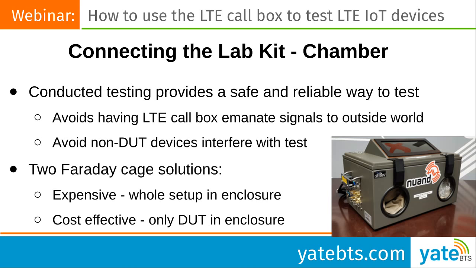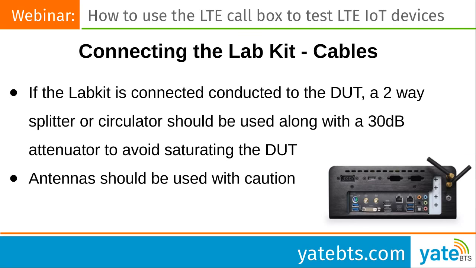So on the next slide, basically one way of connecting the LTE LabKit in a conductive way is to remove the antennas on the back of the LTE LabKit and, using a combiner, combine both ports into a single port that you can then feed in through the side of the test chamber.